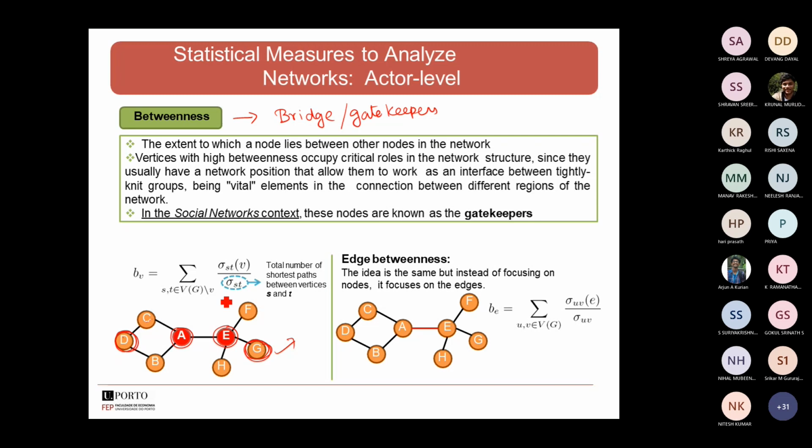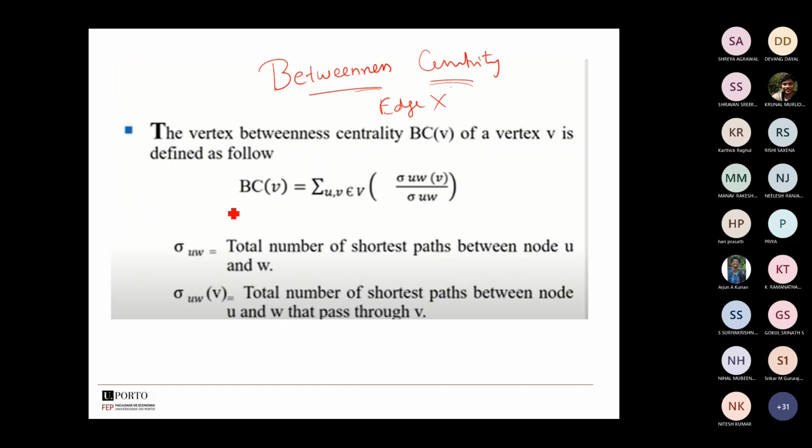Okay, so the betweenness centrality can be identified for the vertex.